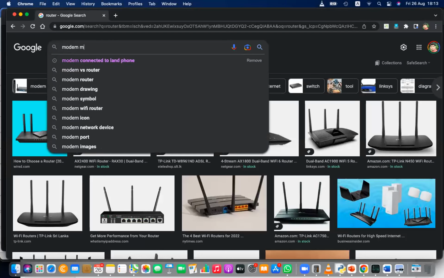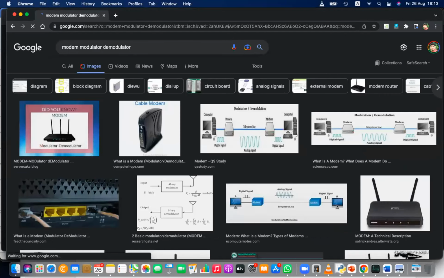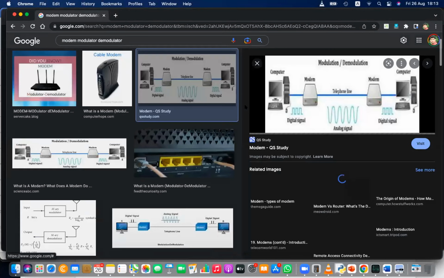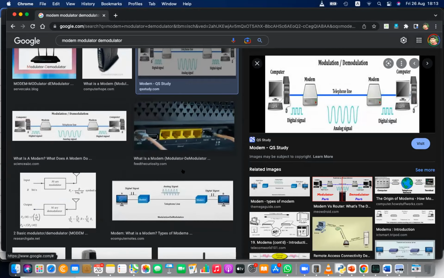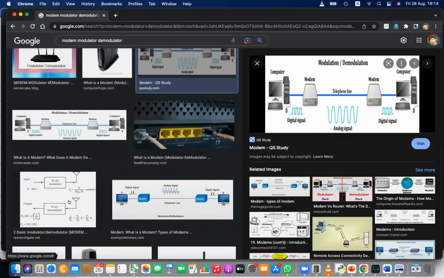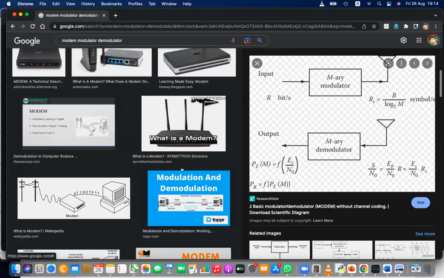Modem, modulator, demodulator. Here you can see this image explains this. Modulation is basically converting analog to digital, and digital to analog.